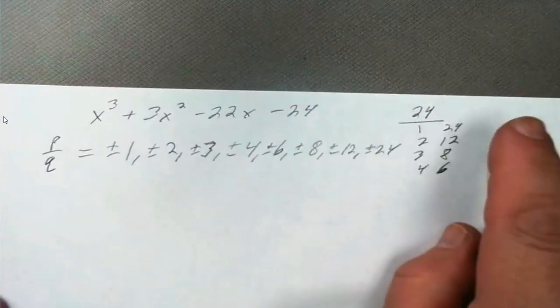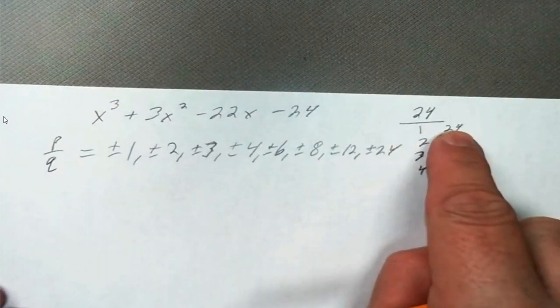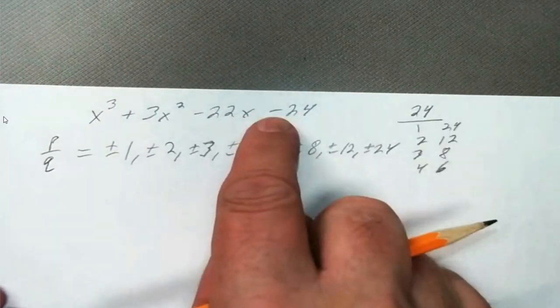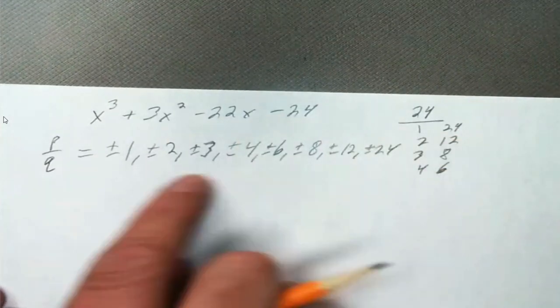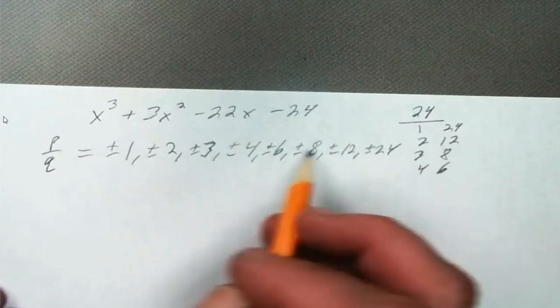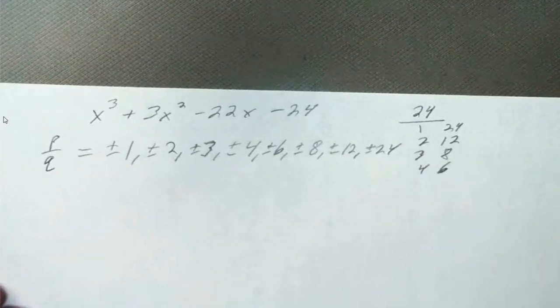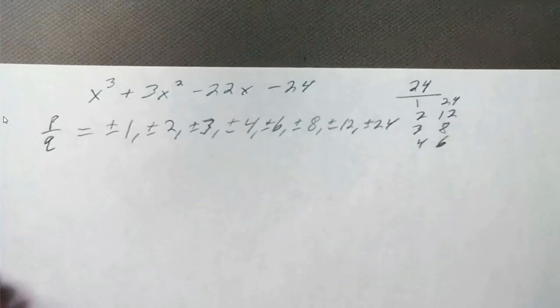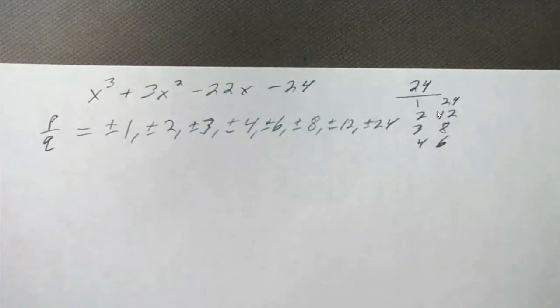Because this could be negative 1 times positive 24, positive 1 times negative 24, because this is negative 24. They can always be positives or negatives. So we have 1, 2, 3, 4, 5, 6, 7, 8, 16 possible roots for that equation, if you count all the positives and all the negatives.